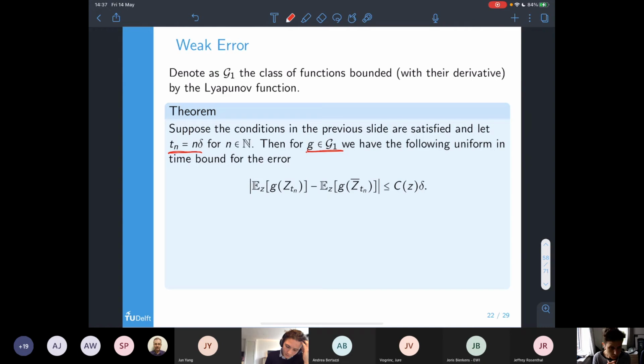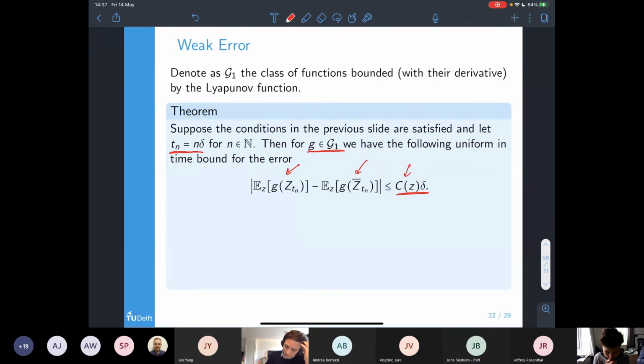And then for all G's in this class of functions, we have a uniform in time bound for the error, basically, we're committing. So indeed, here we have the expectation for the continuous PDMP. Here we have it for the approximation. And we see there's no T dependence here. C basically has the Lyapunov function somehow. So it can be quite large, but still we have a nice delta factor.